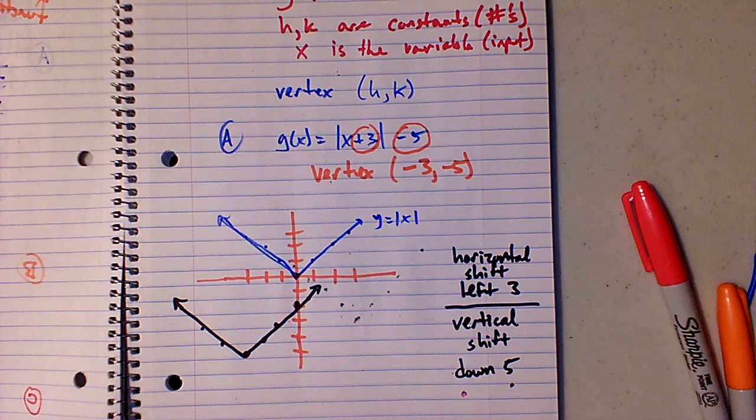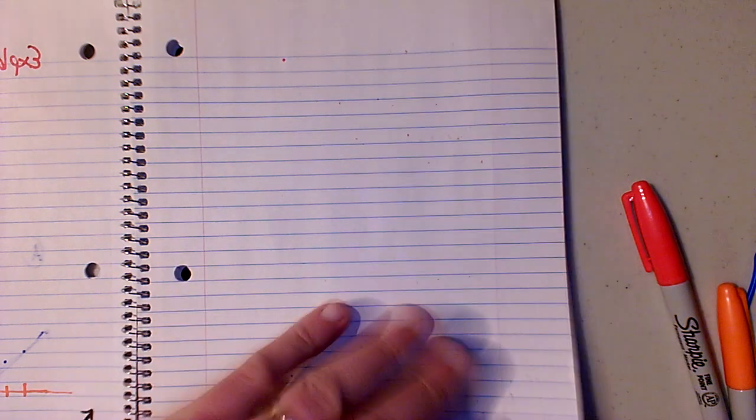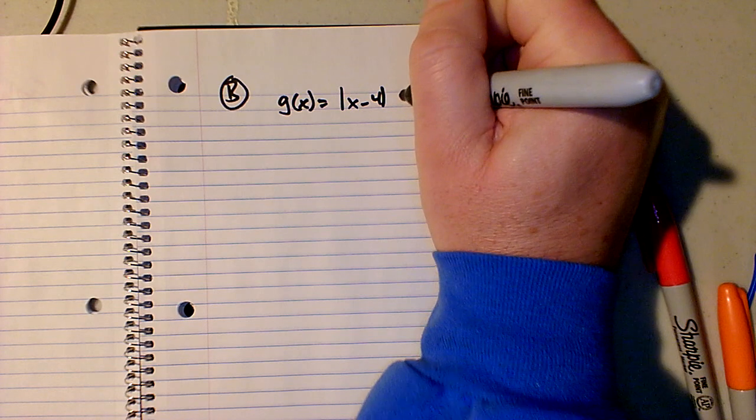Now let's look at part B. I'm on page 591 now. This function is g of x is equal to the absolute value of x minus 4, plus 2.